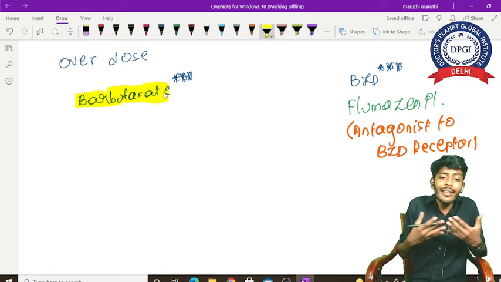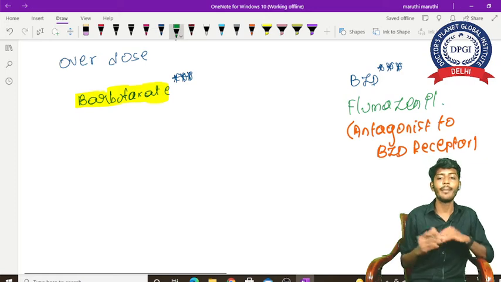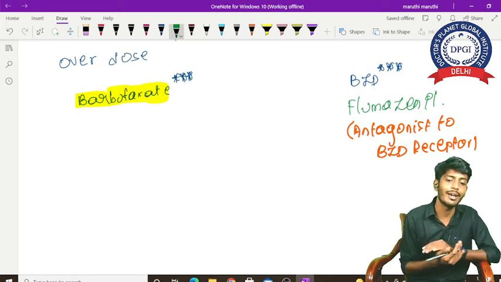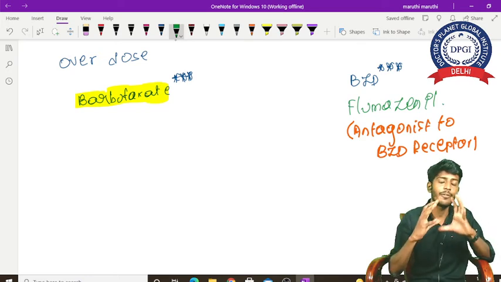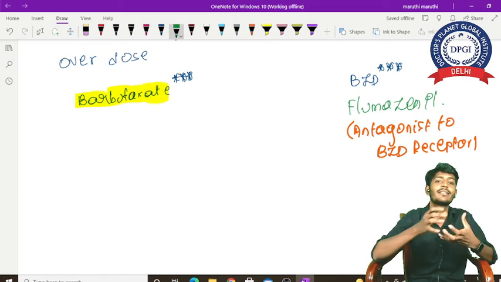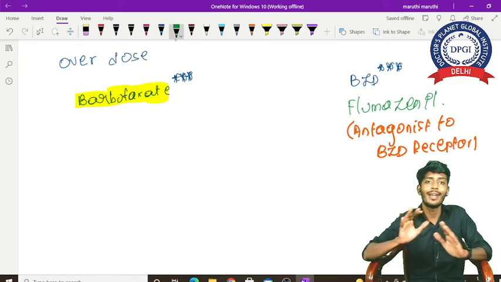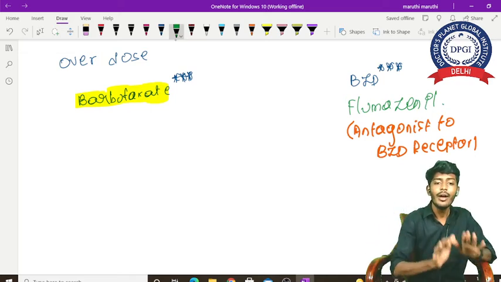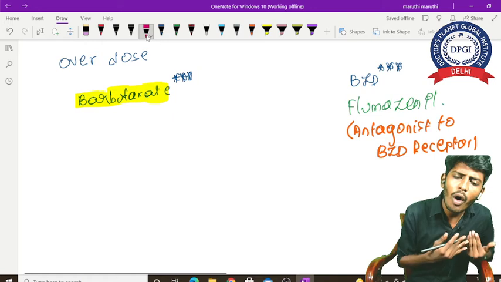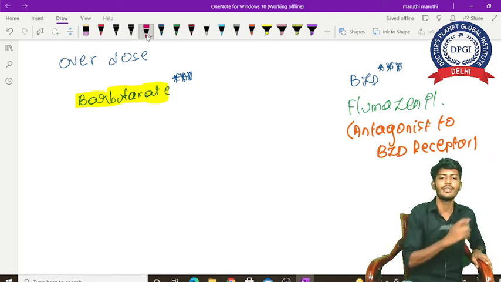Because barbiturates are acidic drugs and we don't have a specific antidote for them. Flumazenil won't be useful in barbiturates because the benzodiazepine receptor itself has multiple subunits. So what exactly do we need to do with barbiturates? The barbiturate story is very simple, my dear friends. That's very easy to understand.